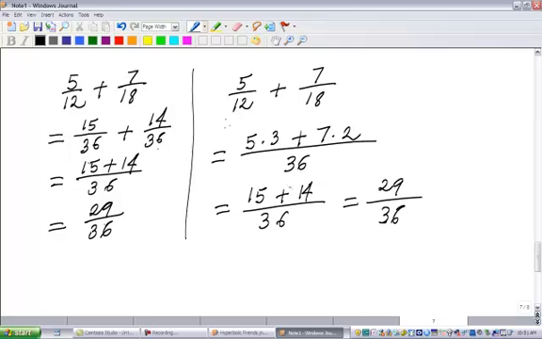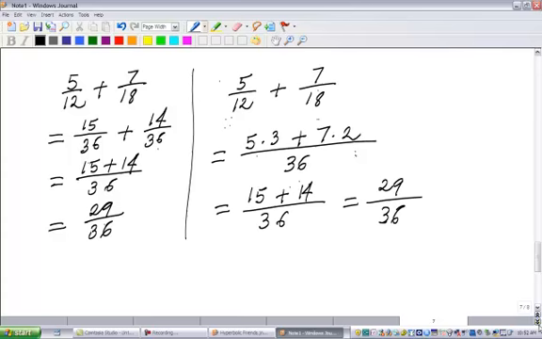If I divide 36, the LCD, by 12, I get 3. And 3 times 5 is right here. Then I divided 36 by 18, I get 2. And then I get 7 times that 2. And then you just add those numbers and you still get the same thing, okay?